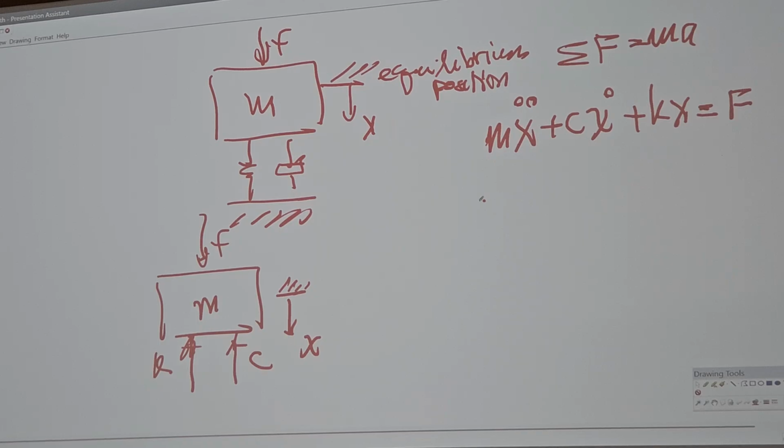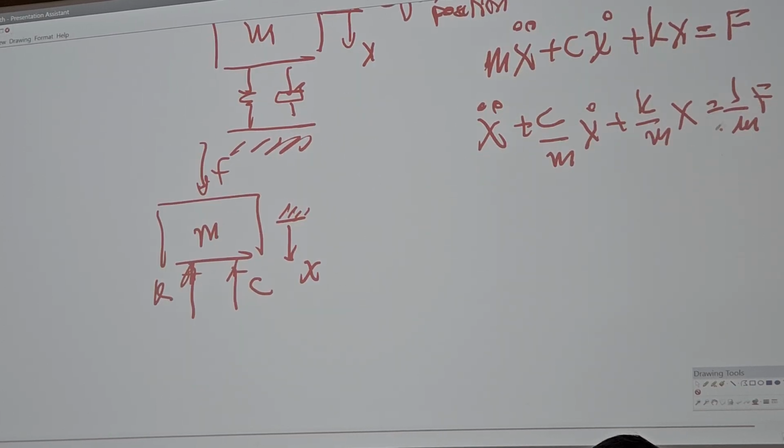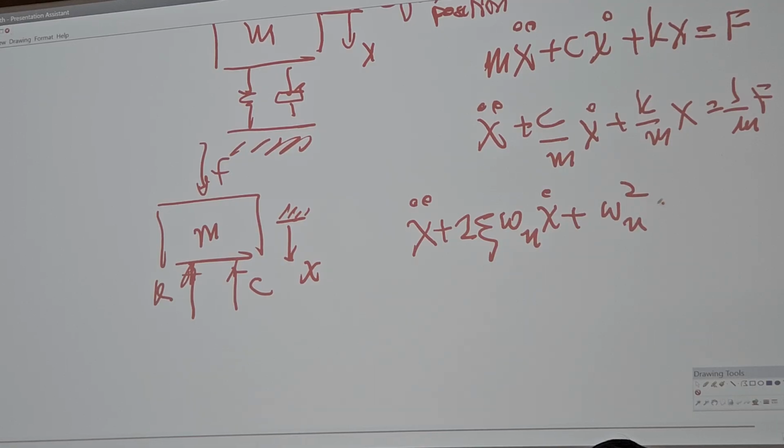So you have X double dot plus C over M, X dot, plus K over M, X equal to 1 over M, F, right? This is one of the forms that you will see in the future many times. You have this form.